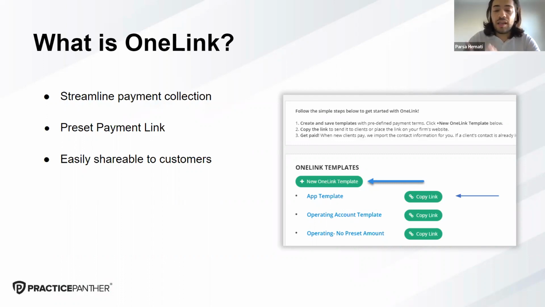So instead of creating an invoice or a retainer request every single time, you have this option to use. It's not only customizable to fit your firm's unique payment needs, but it's incredibly helpful if you don't want to, again, create that repetitive invoice every single time or that retainer request every time that you're trying to collect a simple payment.